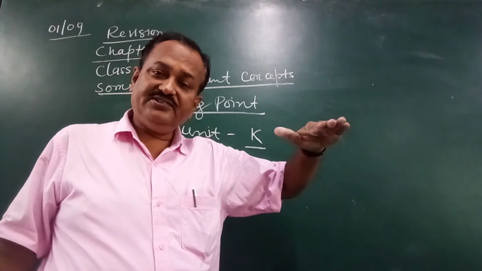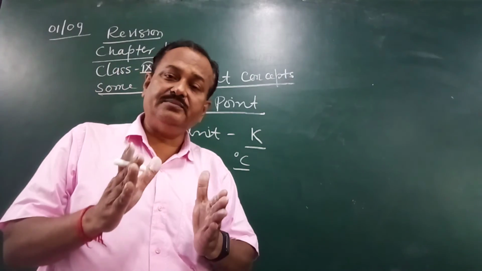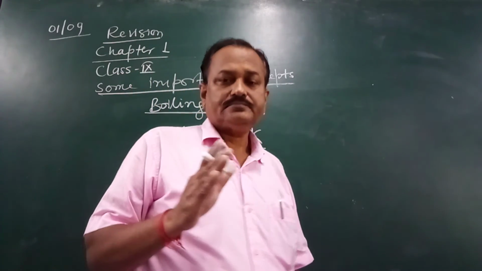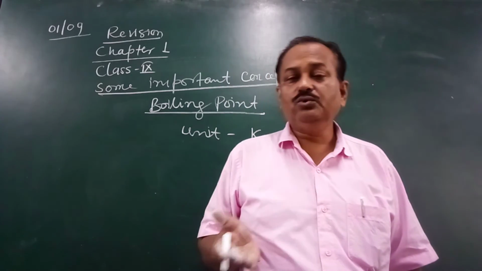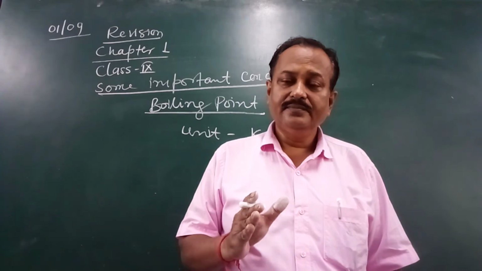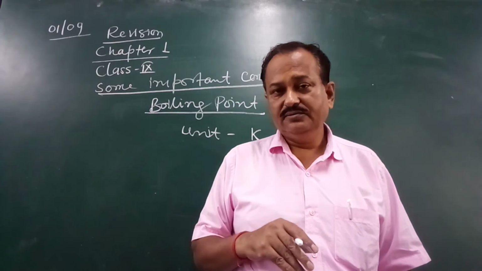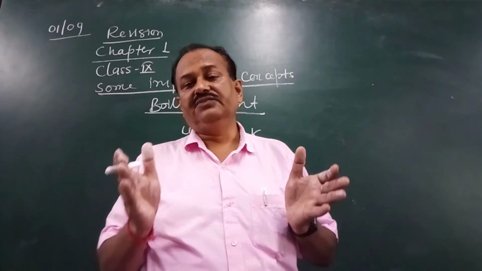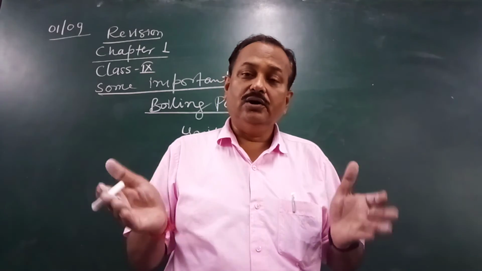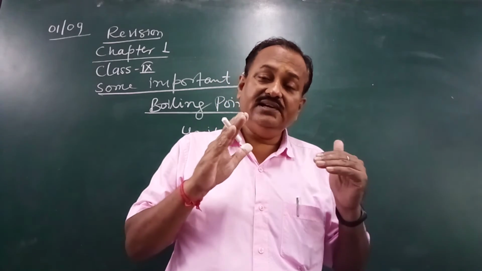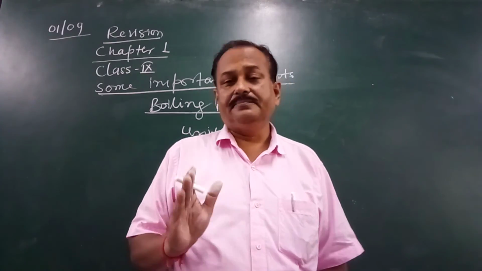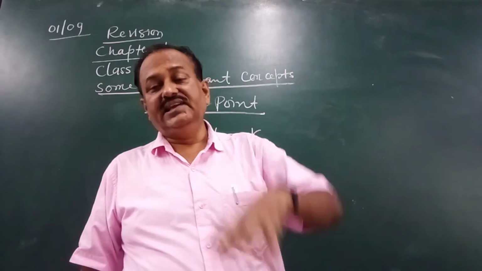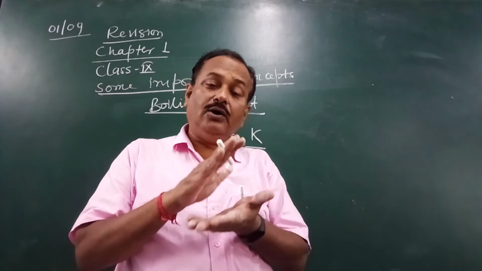So atmospheric pressure is the pressure created by the atmosphere. All of you must be knowing that food materials are cooked very easily in a pressure cooker. But in an open vessel, let it be kadahi or bhagona, it takes very much time, because in the pressure cooker we close with a lid, and the lid is compact.